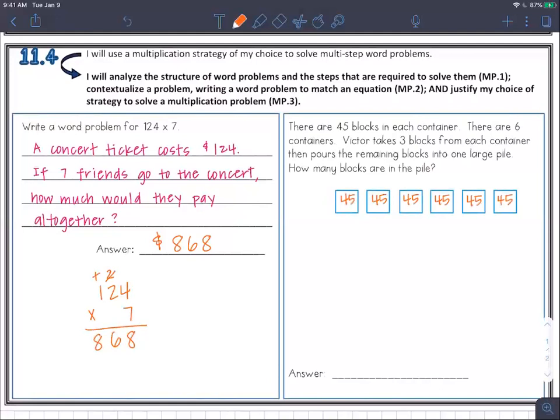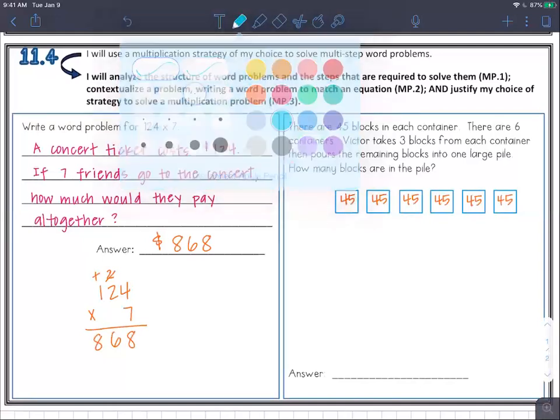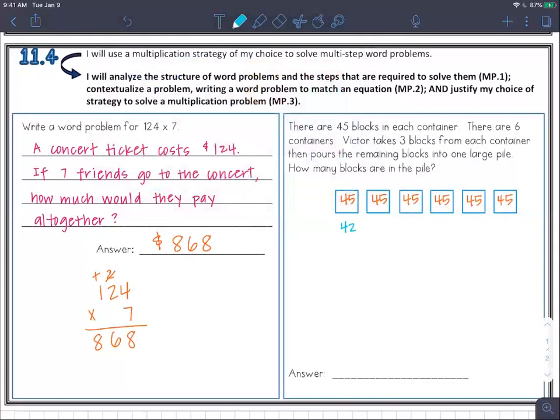And I have 6 containers. Now he's going to take 3 from each one. So if he takes 3 from each one, I will actually end up with 42 in each one. Right? So that's him taking 3 blocks from each container.